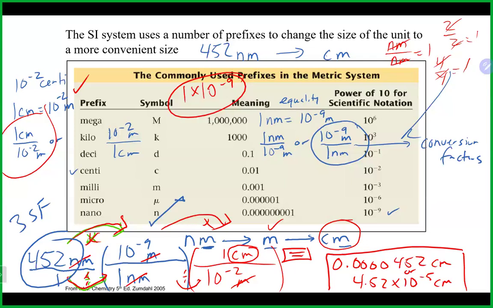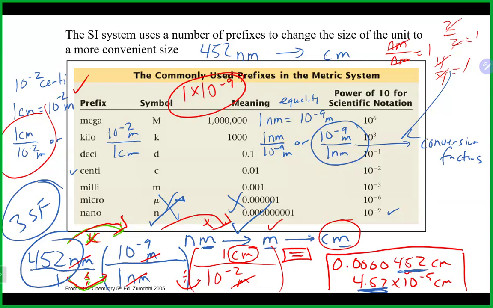You don't have to worry about it. It has an unlimited number of significant figures. This one also a metric to metric conversion, so you don't have to worry about it, which actually means the only number here that you have to worry about in terms of your answer is the one with 3 significant figures, and your answer should have 3 significant figures, which it does in either of those ways that you report it there. Any questions on that there?